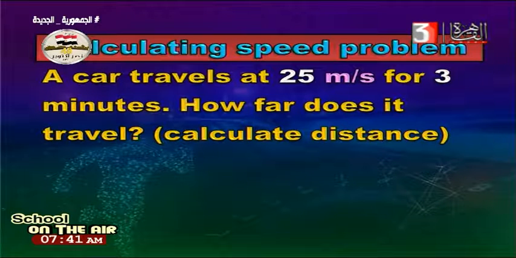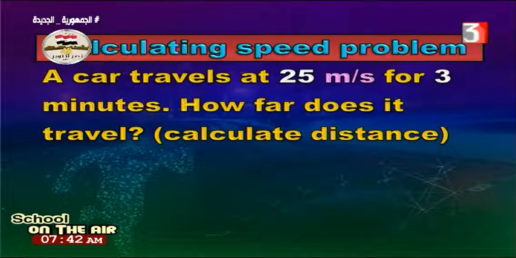Another problem: a car travels at 25 meters per second for 3 minutes. How far does it travel? In this problem, we want to find the distance covered by the car.